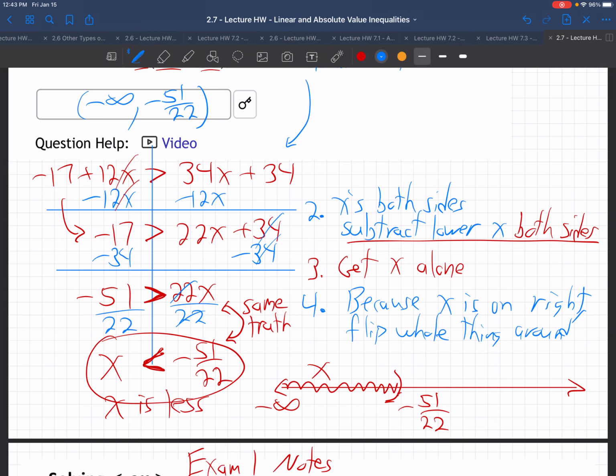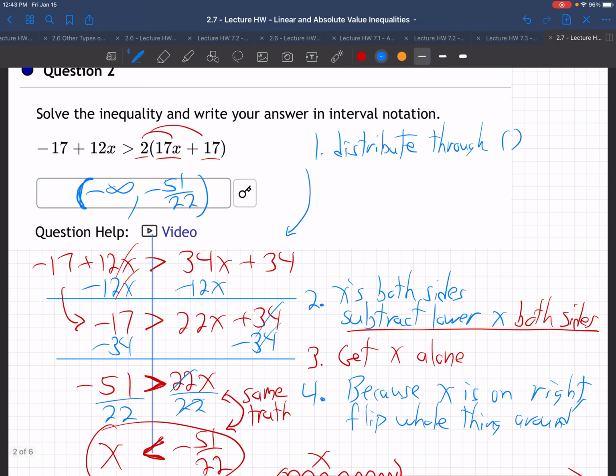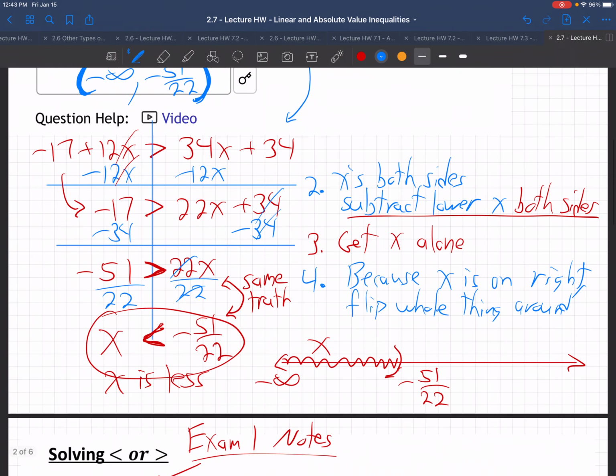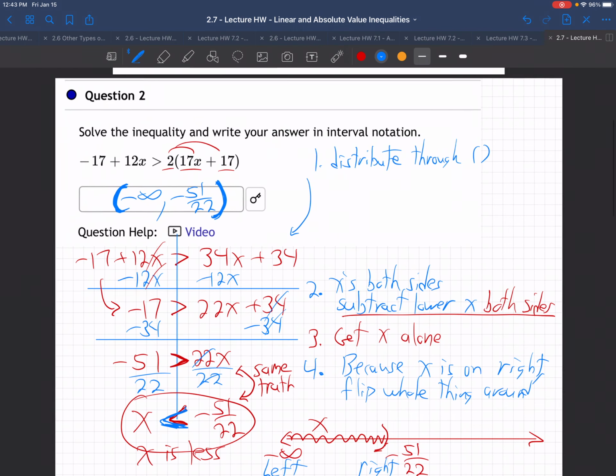You never touch infinity. Infinity is forever. You're never straight on forever, right? So they both get parentheses. You've got to go left edge first and then right edge. So it's negative infinity to negative 51/22 because x is left. So there we go.